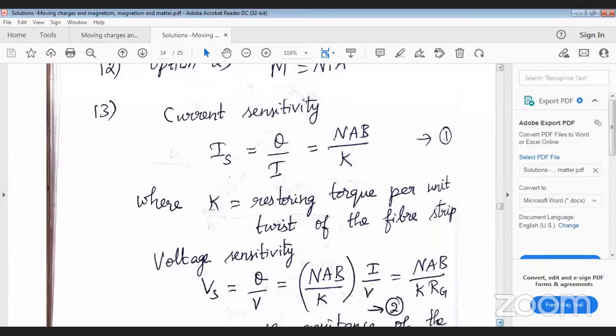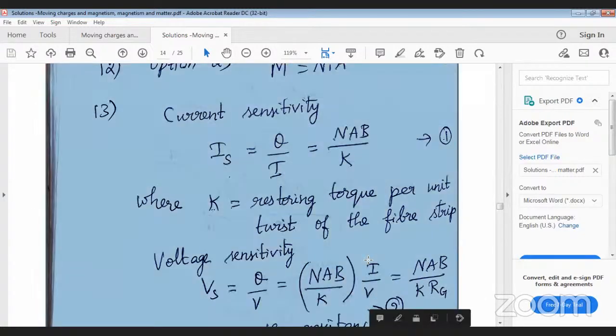And voltage sensitivity is Vs equal to theta by V. Here it becomes NAB by K, I by V.